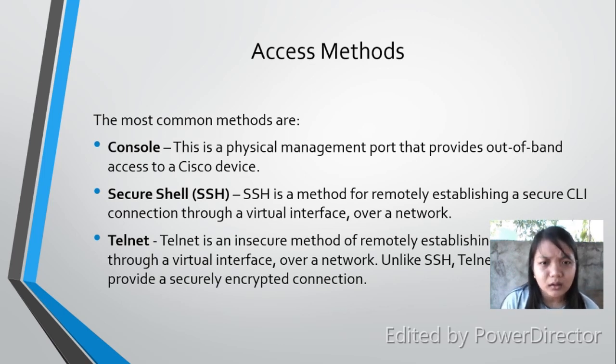The console is what we usually use when we configure a router or a switch, using the console cable. It provides out-of-band access. So for us to access the Cisco device, we use the console method.